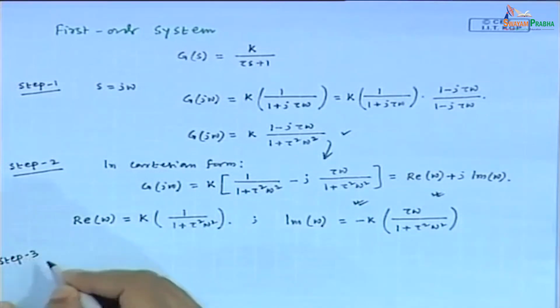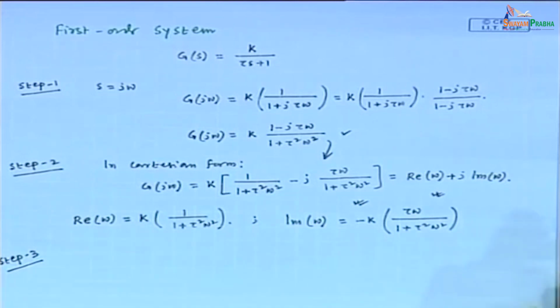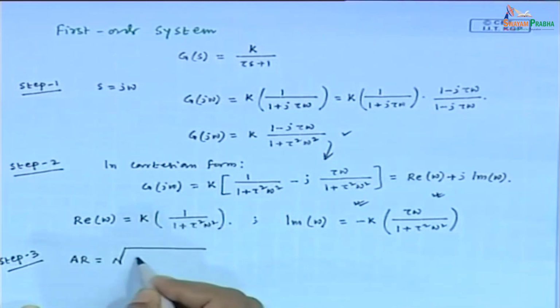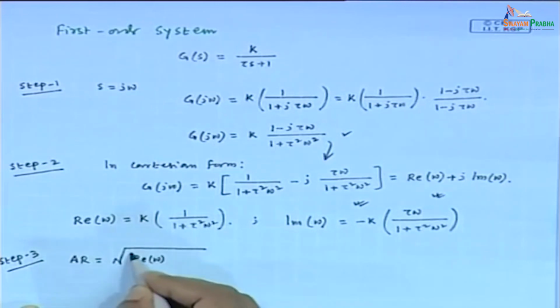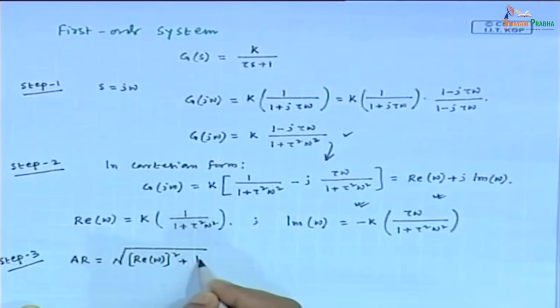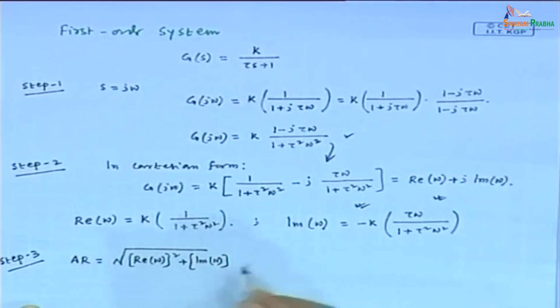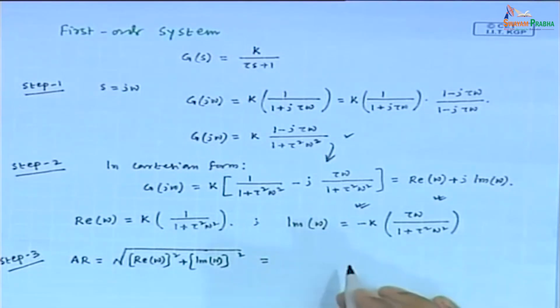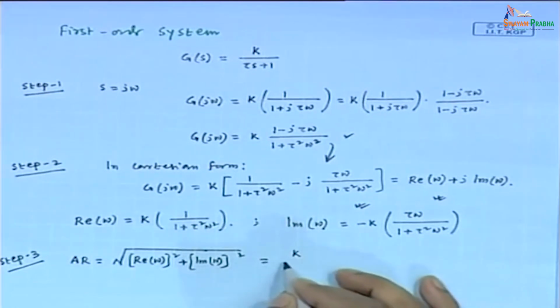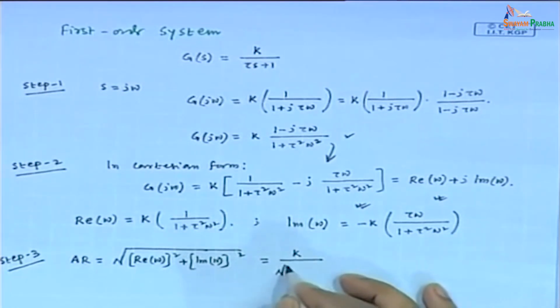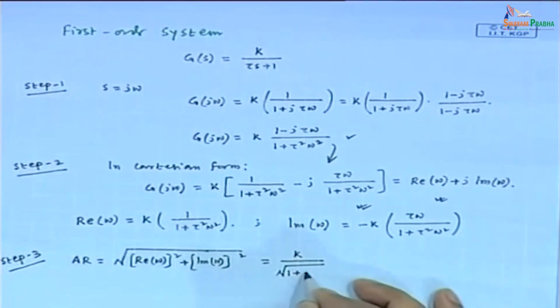In step 3, we will determine the amplitude ratio and phi using the expressions. How much is this? Amplitude ratio is equal to K divided by root over of 1 plus tau square omega square. Fine.